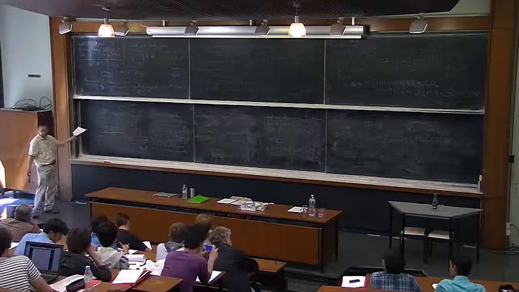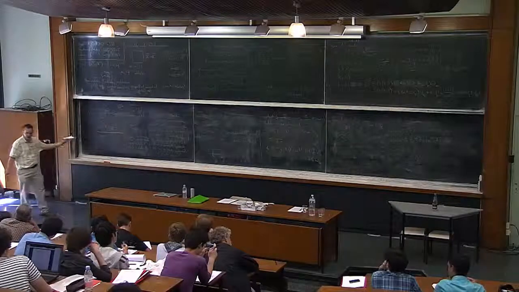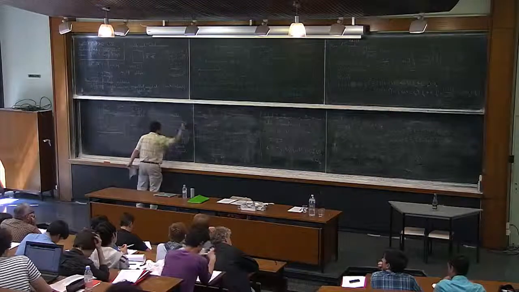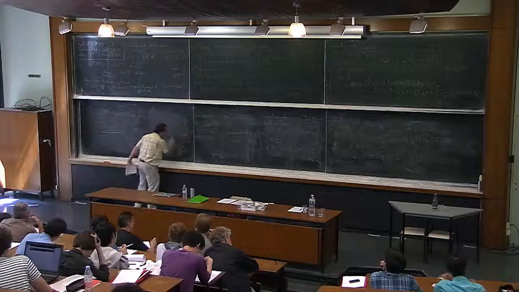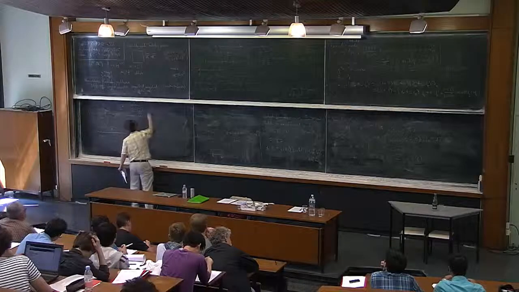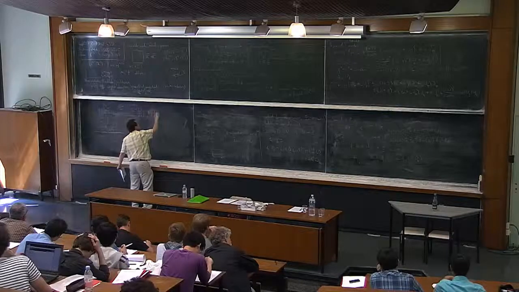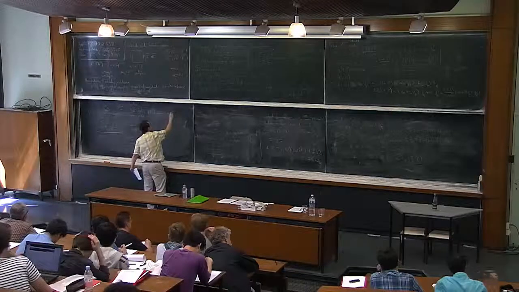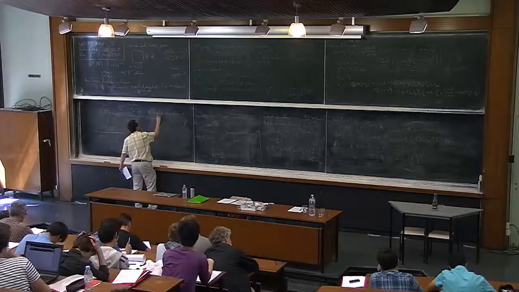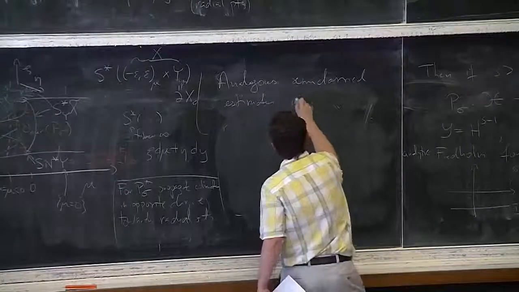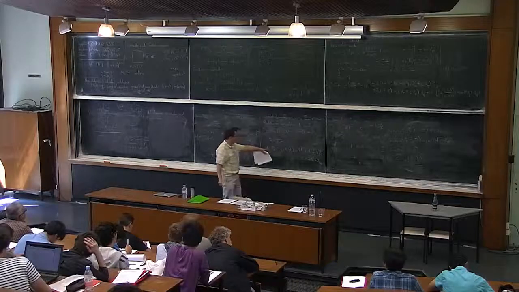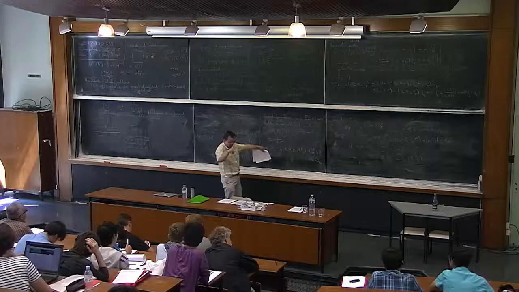You want to have a good control of the bicharacteristic geometry again. So let me just say it here. The analogous semi-classical estimates really give estimates for this operator, which is going to have a 1 over h bar.